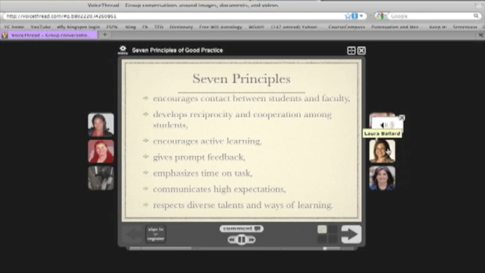Hey Hope, it's Laura. I'm going to comment on gives prompt feedback because I don't think I have examples for all 7 of them, or any that I can think of right now off the top of my head. So for prompt feedback in my online English course, I try to have a 2 to 3 day turnaround for their long paper assignments. I use the track changes feature in Word, so I give them feedback with comment bubbles.